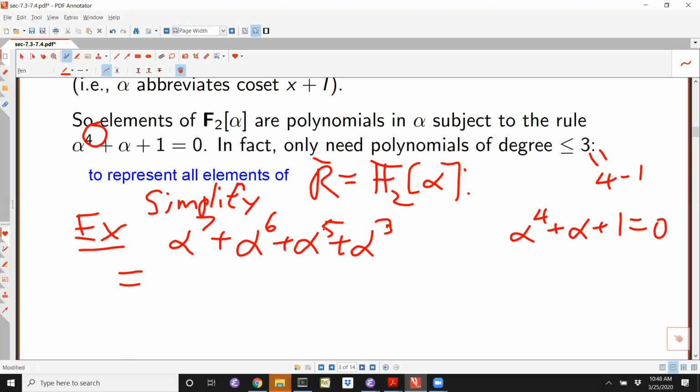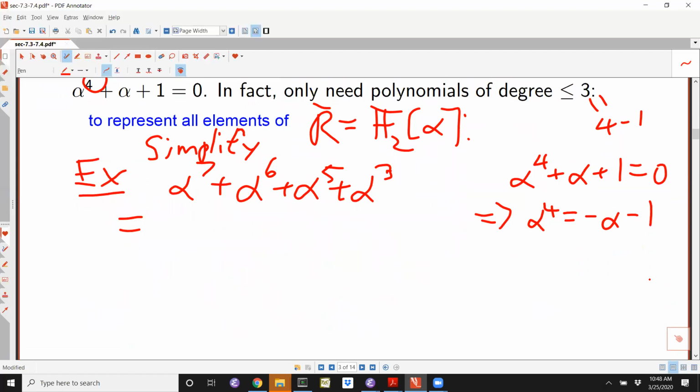So if alpha to the 4th plus alpha plus 1 equals 0, that means alpha to the 4th is equal to minus alpha minus 1, which is in turn equal to, since all our coefficients are mod 2, as the F2 means, alpha to the 4th is equal to alpha plus 1.